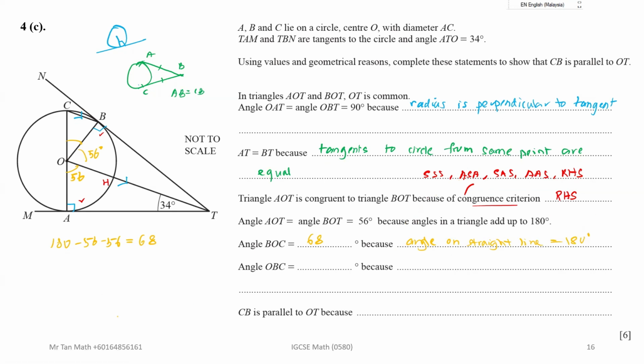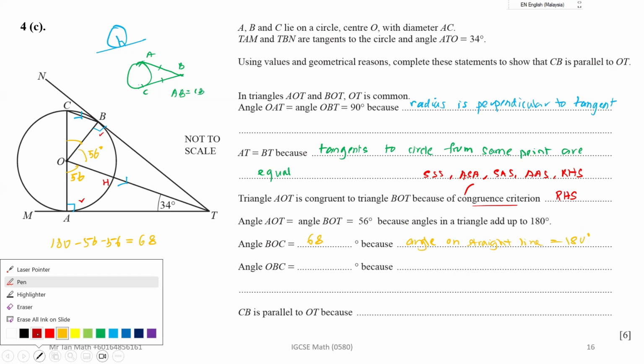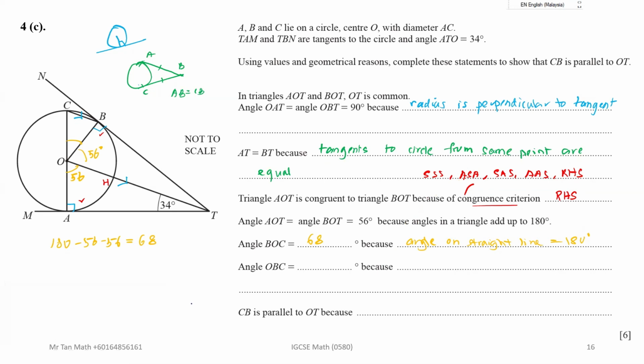Next, angle OBC. This is a radius, so you have the same side here.